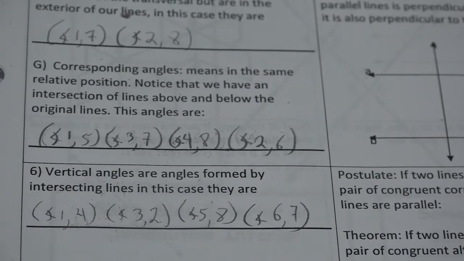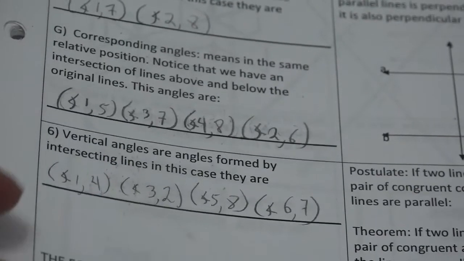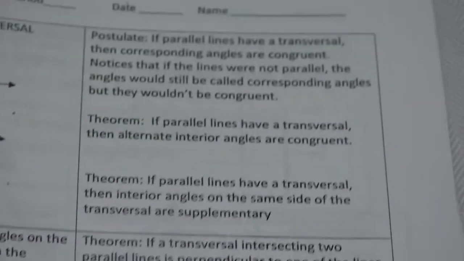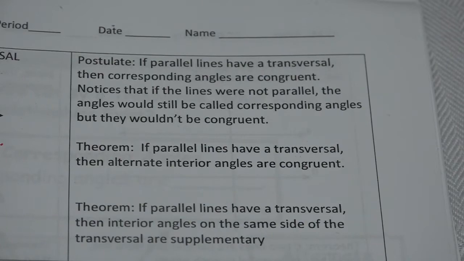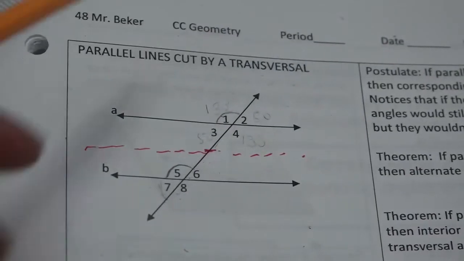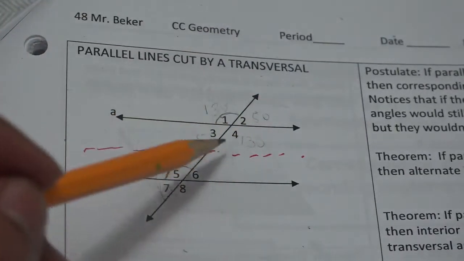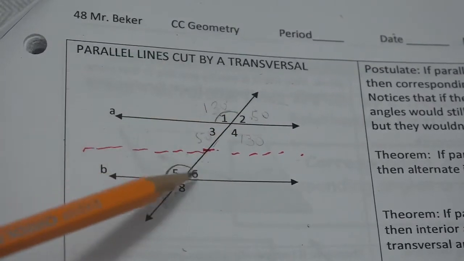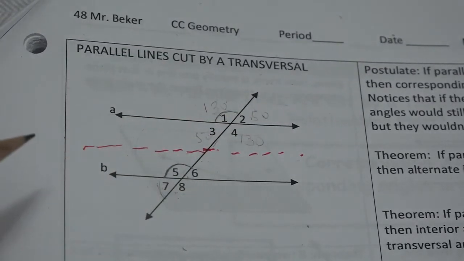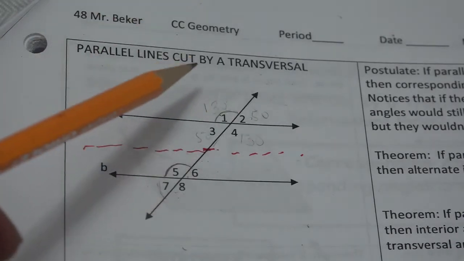All right then. So the next are just a series of postulates of what I just explained. Look, it says it right there. It says if parallel lines have a transversal, then corresponding angles are congruent. We just said that corresponding angles are congruent. All acute angles in a diagram like this are congruent. So congruent angles will be 2, 3, 6, 7, as well as all the obtuse angles are congruent.